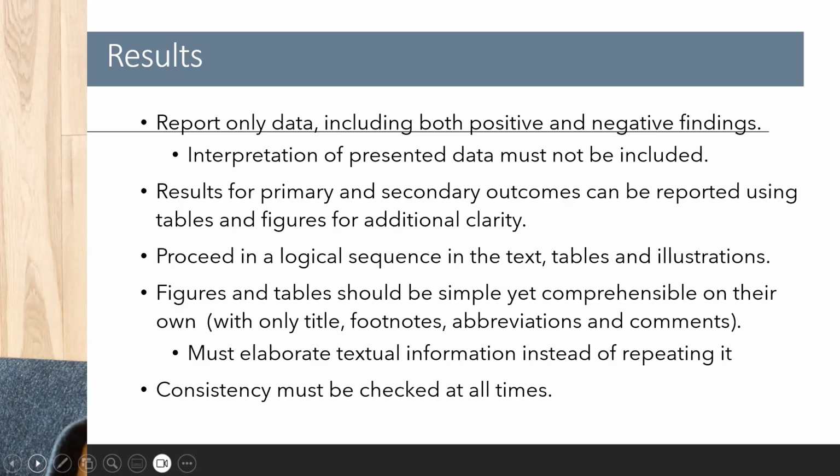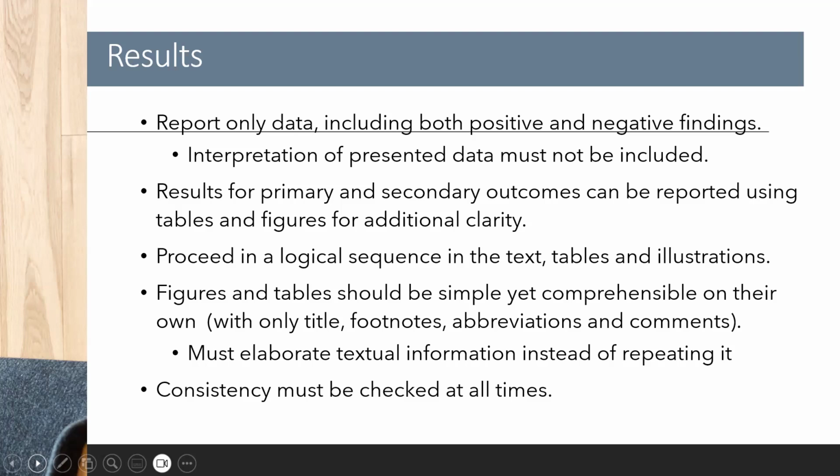Results for primary and secondary outcomes can be reported using tables and figures for additional clarity. And when you do this, you must also proceed in a logical sequence. Figures and tables should be simple, yet comprehensible on their own, with only title, footnotes, abbreviations, and comments.